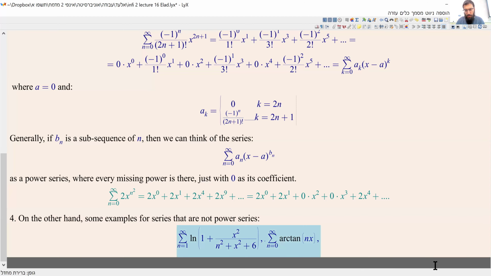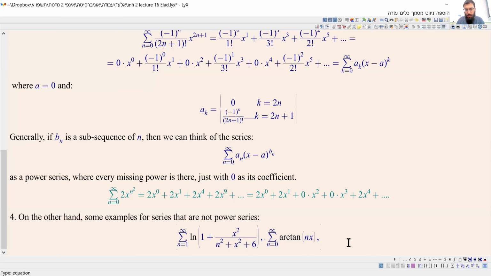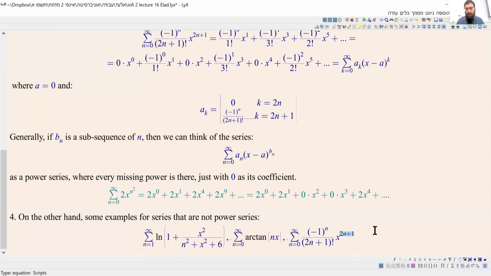And even more, one can think of something that looks more like a power series, but it is not a power series. For example, if we take x and in its power put something uglier than a subsequence of n, let's just say square root of n.